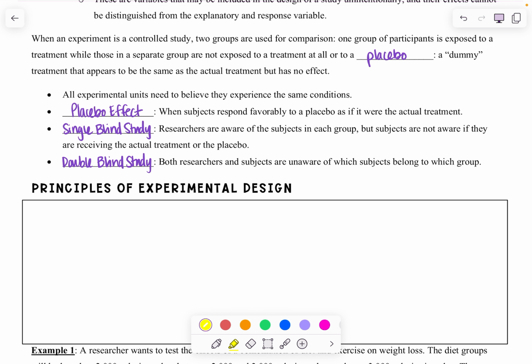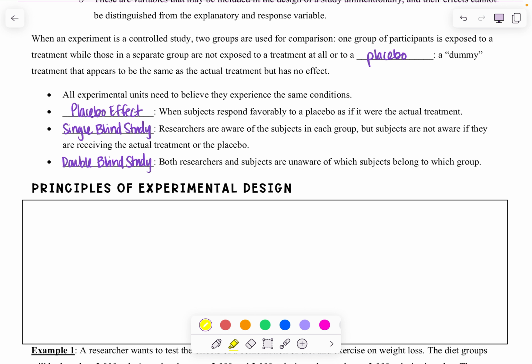With the placebo, there's a couple of things that kind of happen from that. You could potentially have the placebo effect, where someone is taking the medicine, there's nothing that's going to be changing, but because of the fact that they're taking something, they start to see results. So that would be the placebo effect.